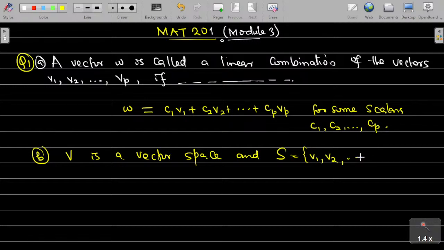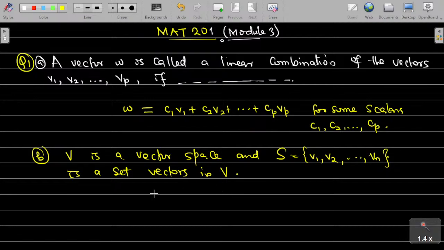Here we are using Vn. This one now is a set of vectors in V, which is the vector space. The set is called a basis for V if the following two conditions hold.